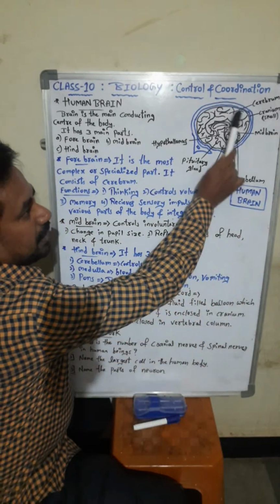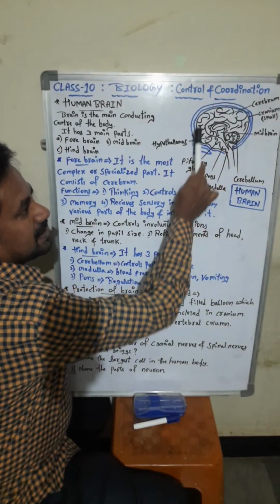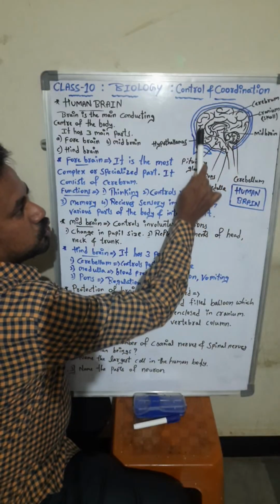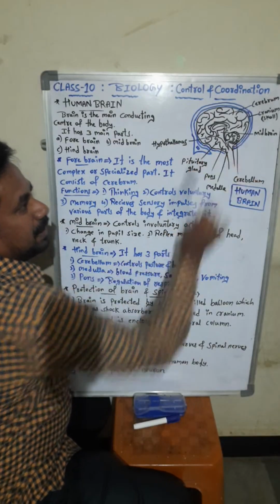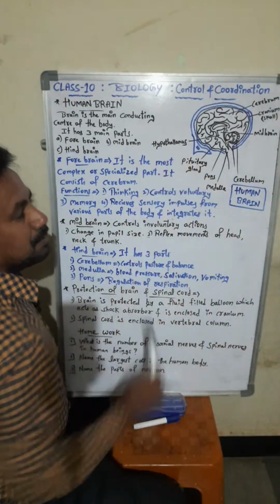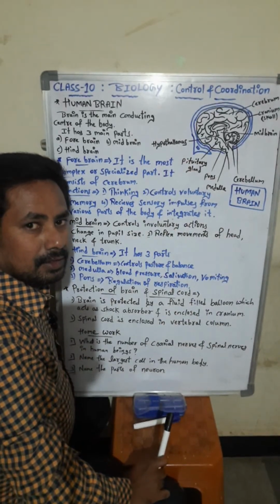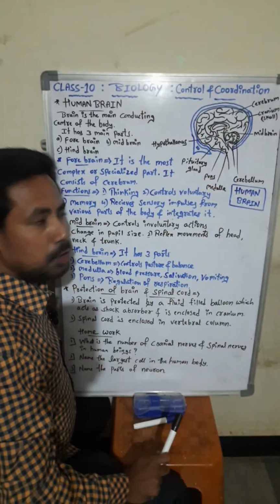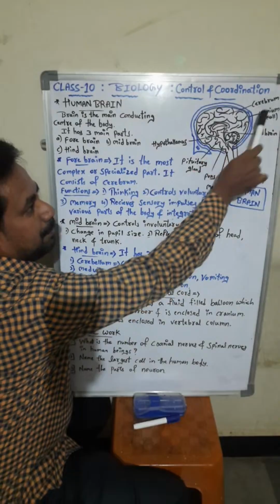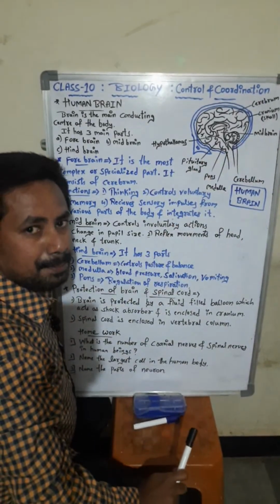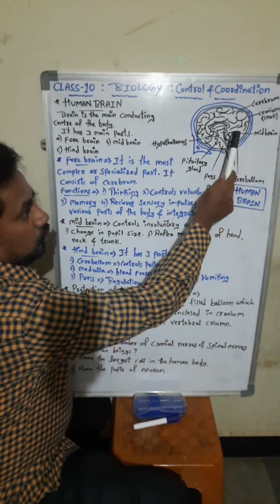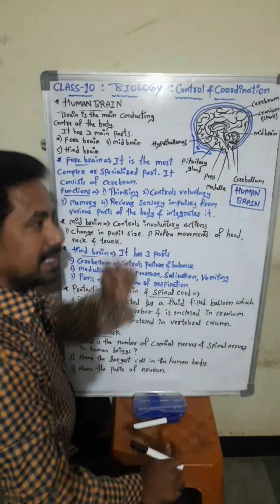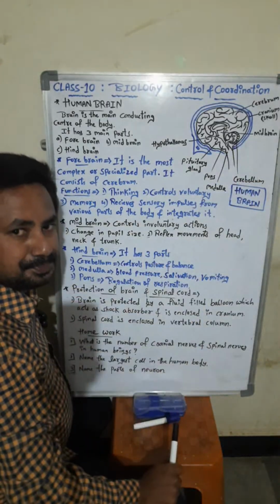In the upper part here there are so many foldings and ridges, students. This part, which I am showing here, is known as the cerebrum. That cerebrum comes under the forebrain. This is the main part and the biggest part of the human brain. Next is the middle part, where only a little space is there, known as the midbrain.